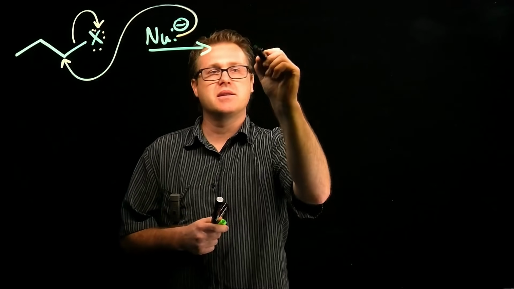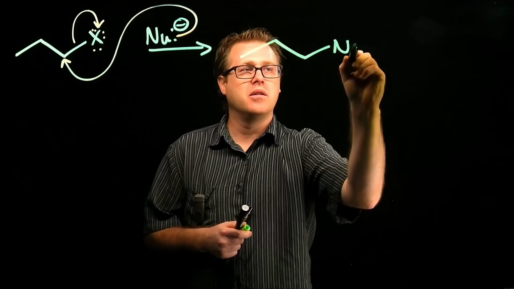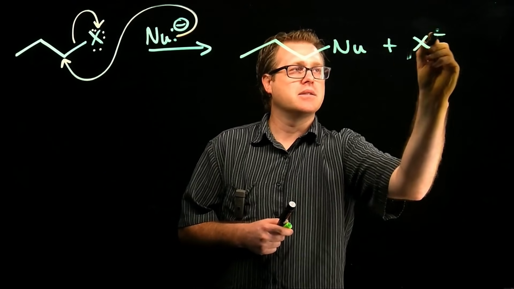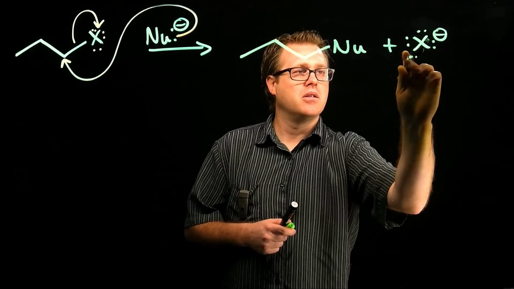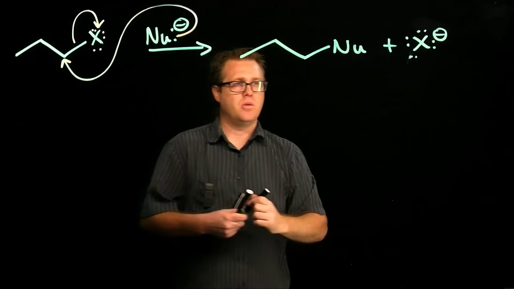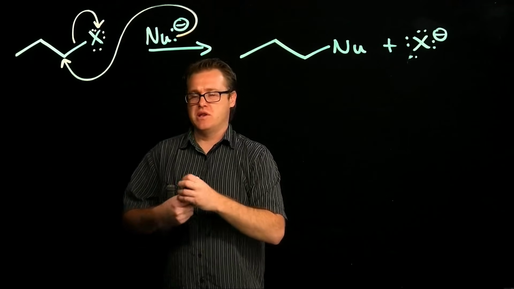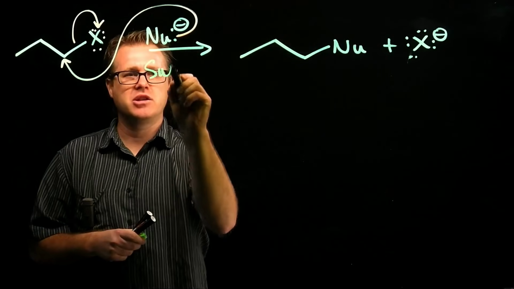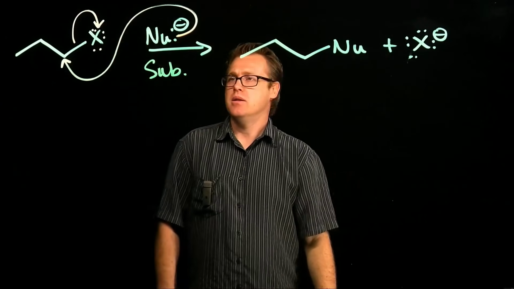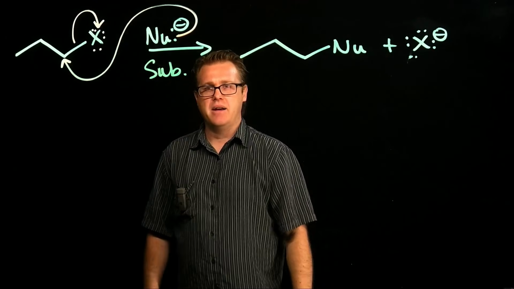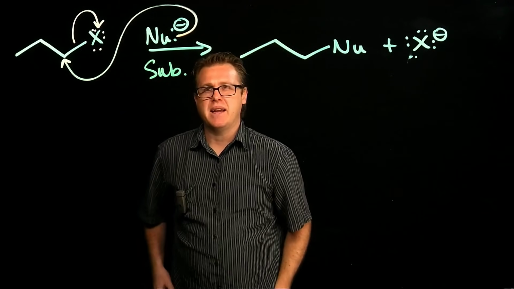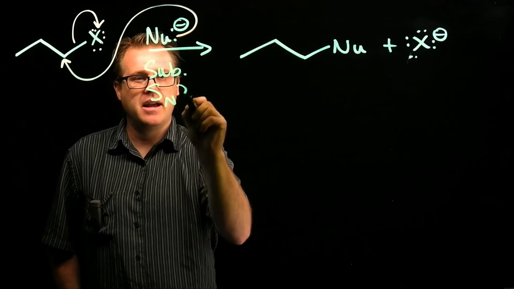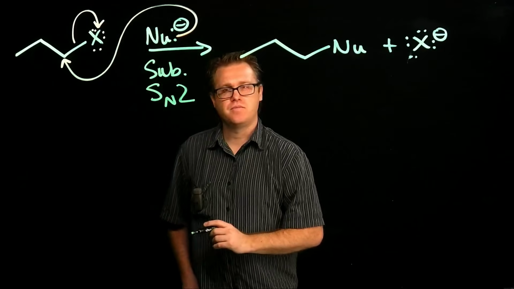And that's going to give us this. That would have to be an X. Right? So what words would you use to describe what's happening here? You would say, hey, this is a substitution reaction. That is correct. What else can we say about it? Well, what type of mechanism is it? Hopefully you all see that it is an SN2 mechanism.